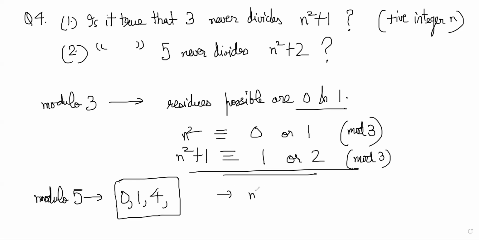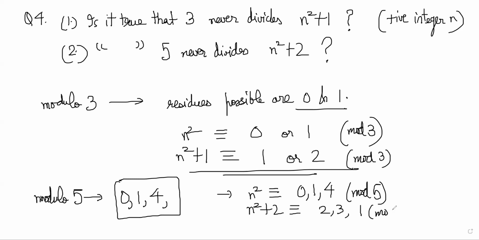Now, if n square is 0, 1, or 4 modulo 5, then obviously n square plus 2 will be 2, 3, or 1 modulo 5. So 5 can never divide n square plus 2, right? So that finishes off this problem. This problem is a direct application of quadratic residues. You need to go back to the previous video if you have not understood that concept, right?